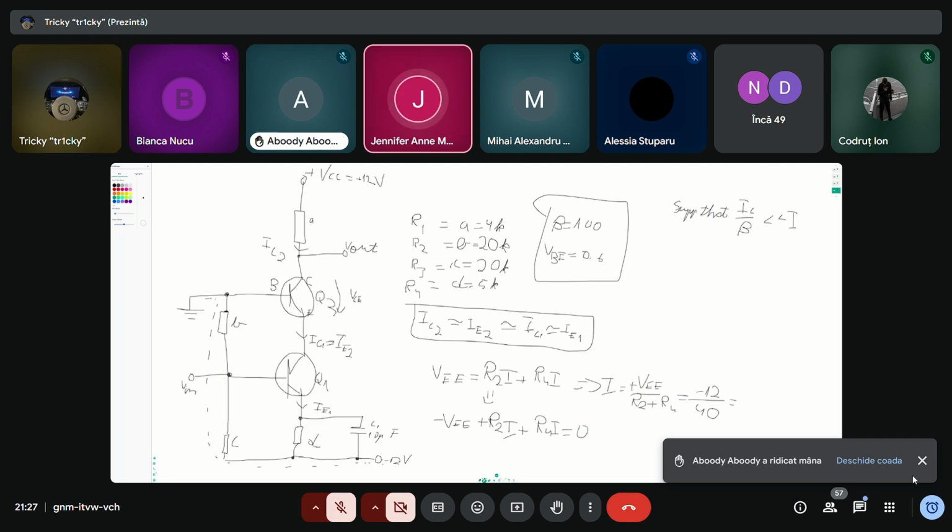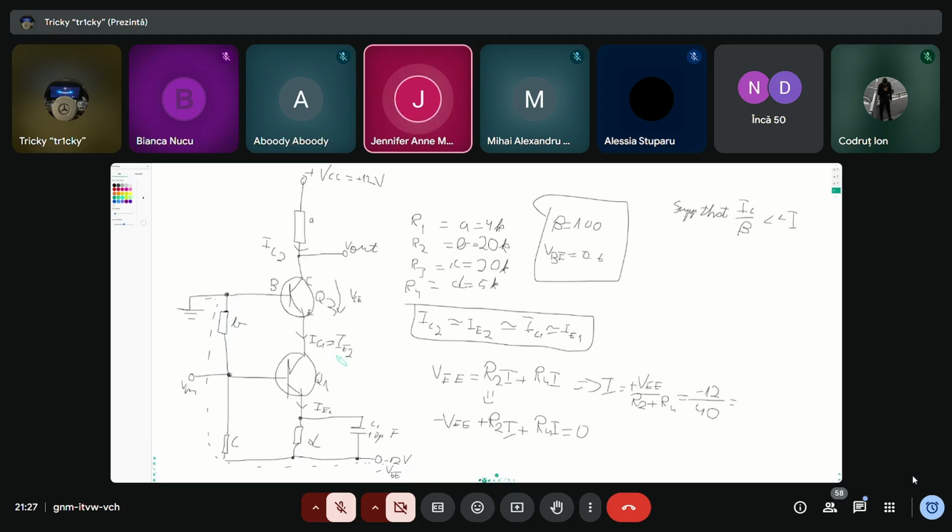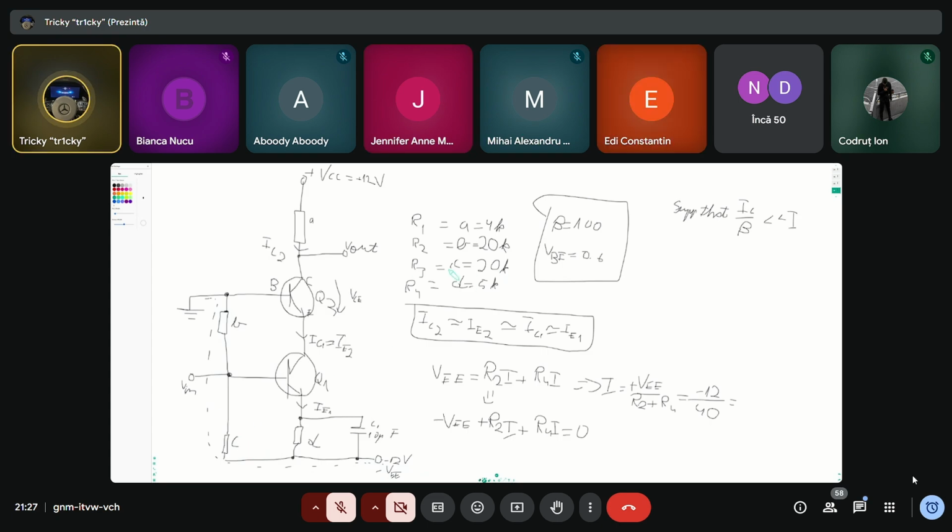Please, I have a question. Why did you take D instead of C? Because the Kirchhoff passes through D, through C before D. No, it goes B, C, and then it goes from here until this VEE over here. But you didn't include C in your equation. C is R3.